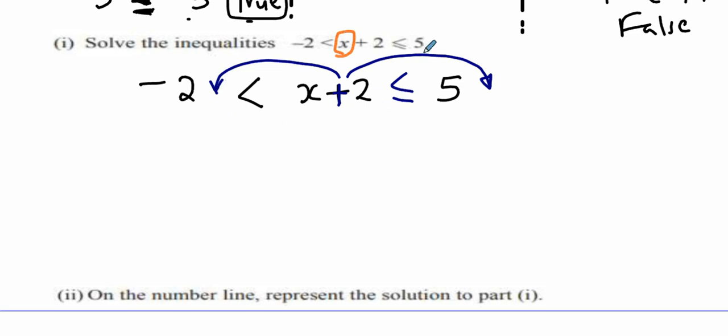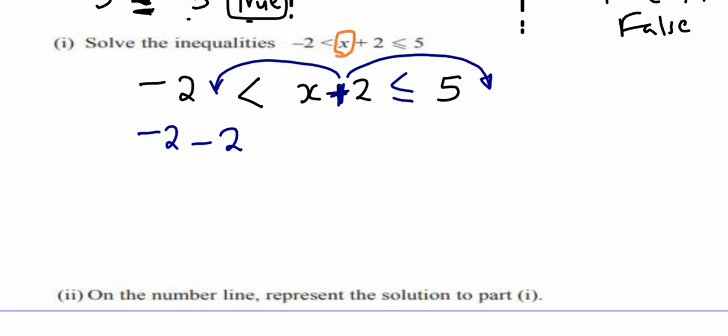What we do on this inequality is what we do on the other. If this is positive 2, when it goes there it will be minus 2. So positive 2 has been shifted on that side, and also positive 2 on that side. So it will be negative 2 minus 2.